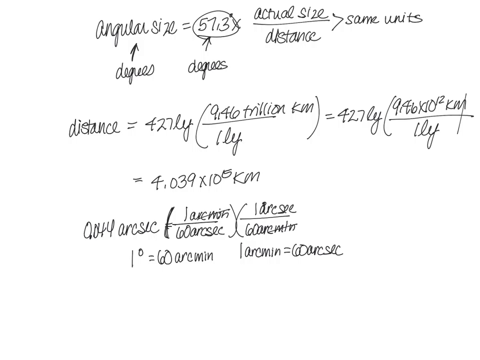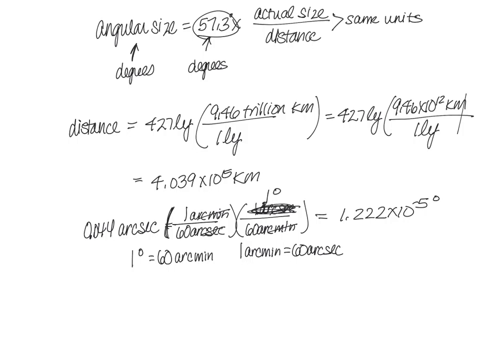Notice my units are going to cancel out. So our answer for angular size is also in degrees, 1.222 times 10 to the minus 5th degrees. Notice it's a much smaller number, but that's because a degree is a bigger unit than an arc second.